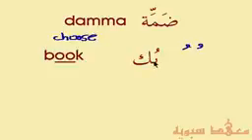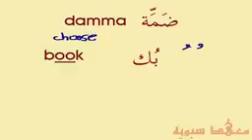We have here the ba with a dhamma, followed by the kaf, which has the k sound. So here it's pronounced as book. This letter alone with the dhamma would be bu.